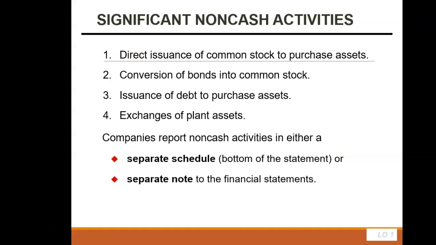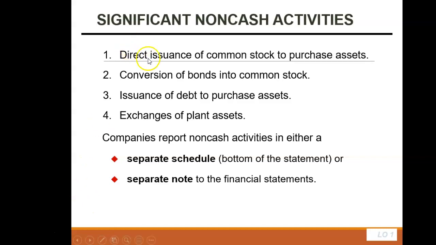Then we have what's known as significant non-cash activities. These are significant business transactions that do not impact cash directly at this point in time. However, they will have an impact on cash at some point in the future.